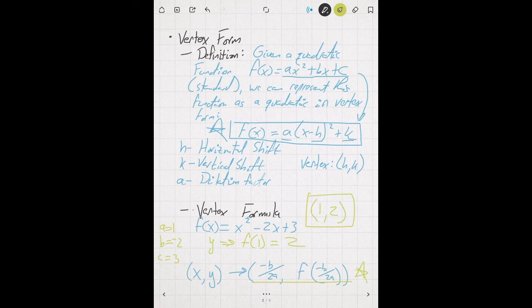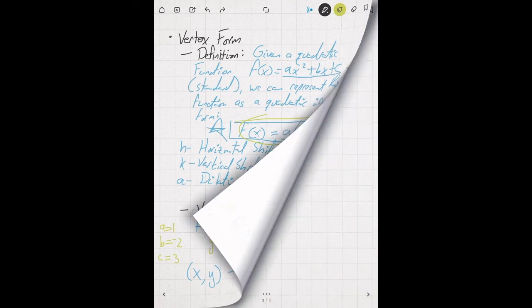Now, let's take it another step further. This is fine for figuring out what the vertex is given a standard form quadratic. But what if I really want to work with the vertex form? Is there a way that I can go from the standard to the vertex form without having to do all this formula stuff? And in fact, yes, there is.